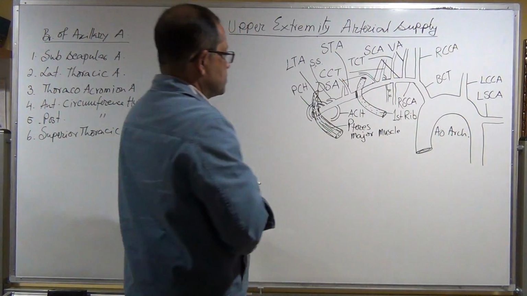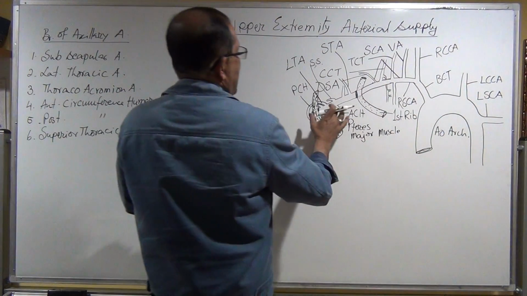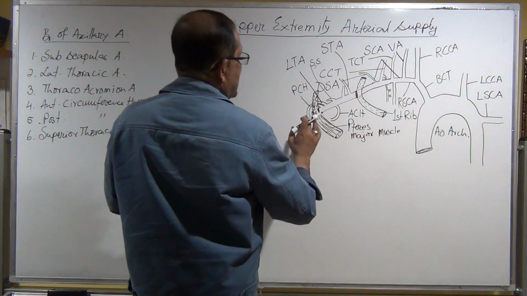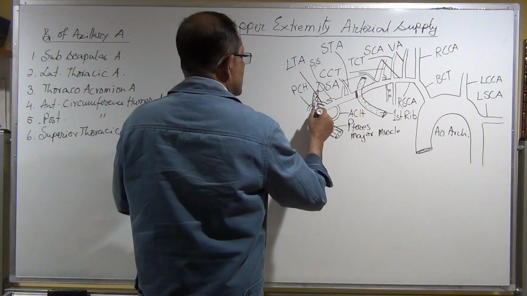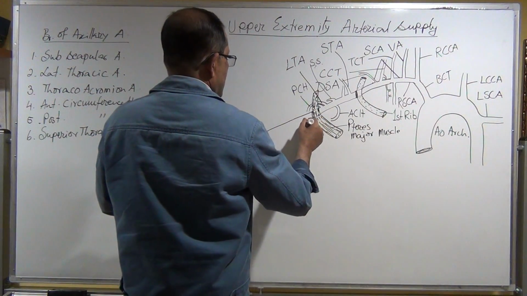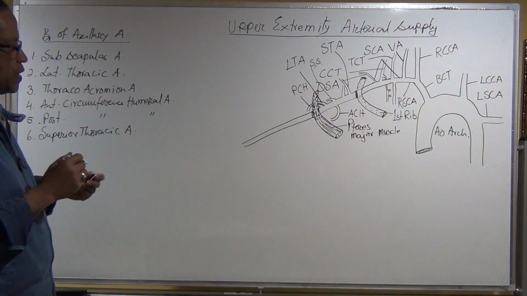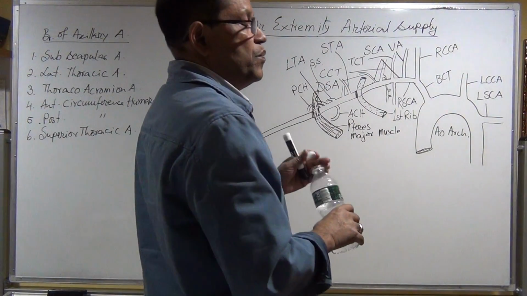Subscapularis, SS. So now, when the axillary artery ends, the brachial artery starts. So this is the brachial artery. The brachial artery is in the arm.